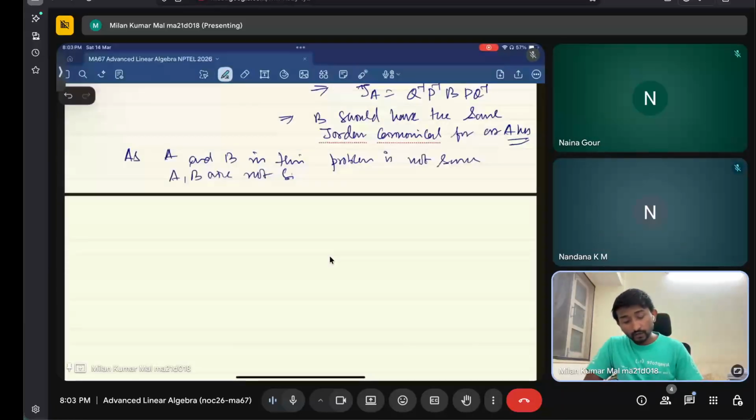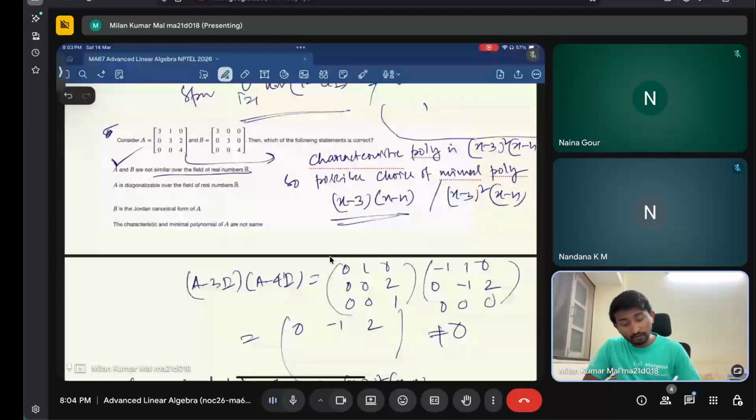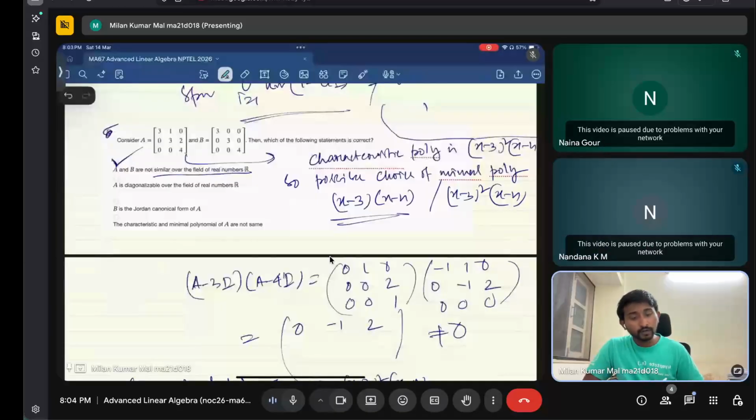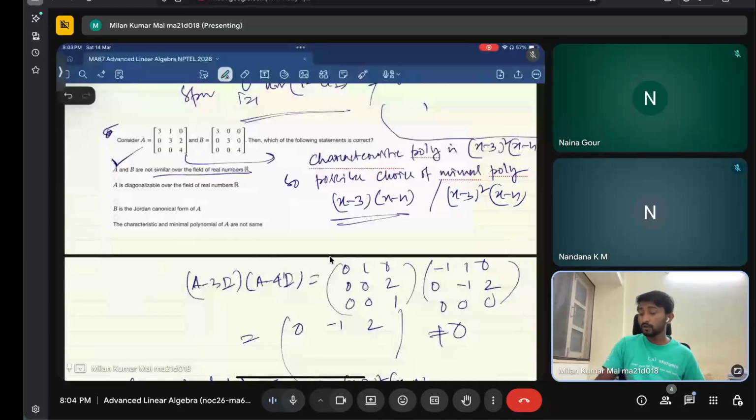A and B are not similar over the field of real numbers. That is the first option. Next, A is diagonalizable over the field of real numbers. That's false because B is diagonalizable, A is not. B is the Jordan canonical form of A. That's also false. The characteristic and minimal polynomial of A are not the same.